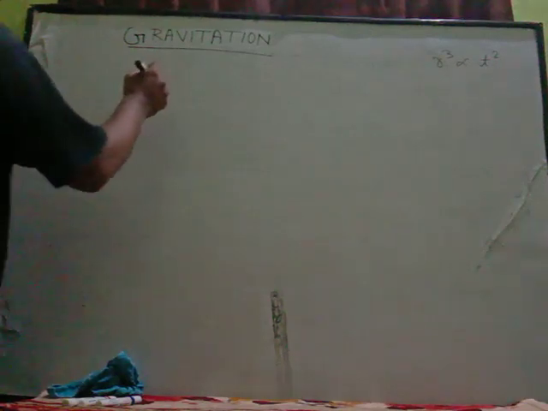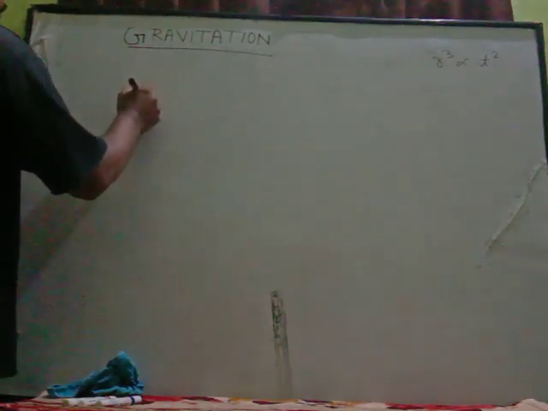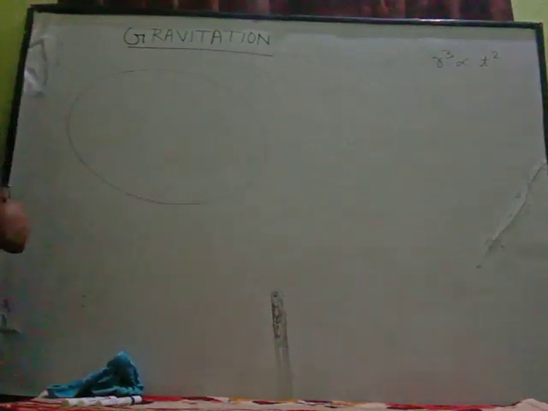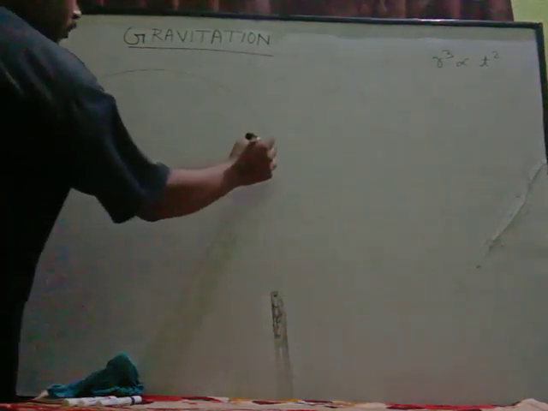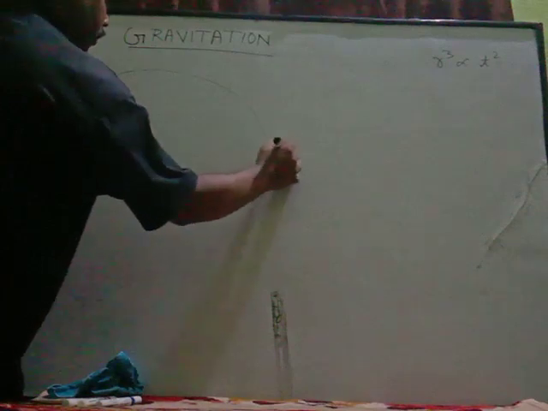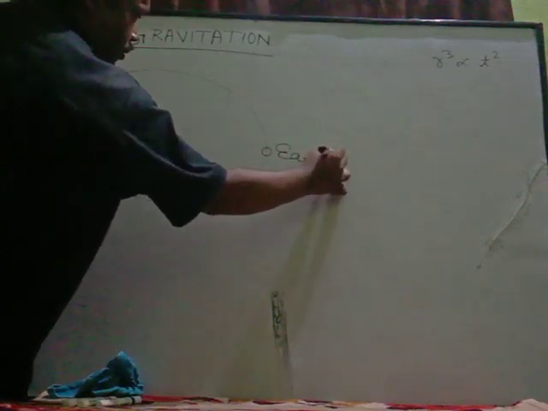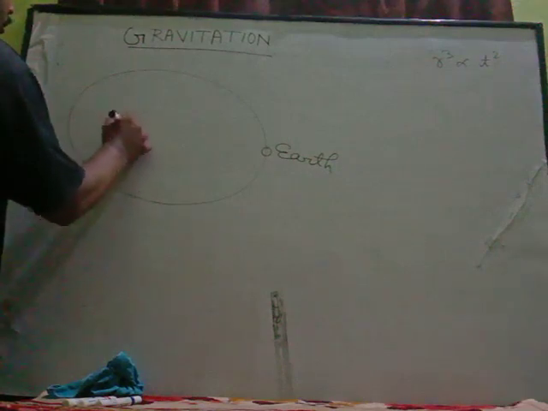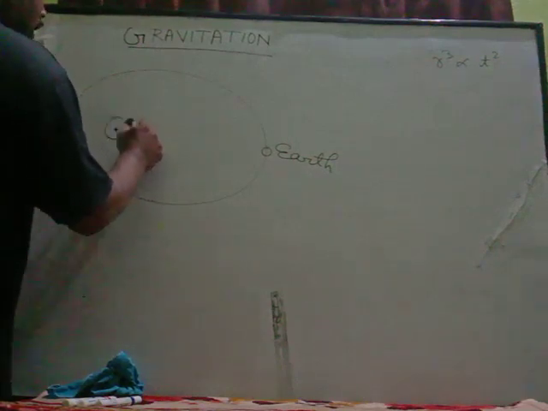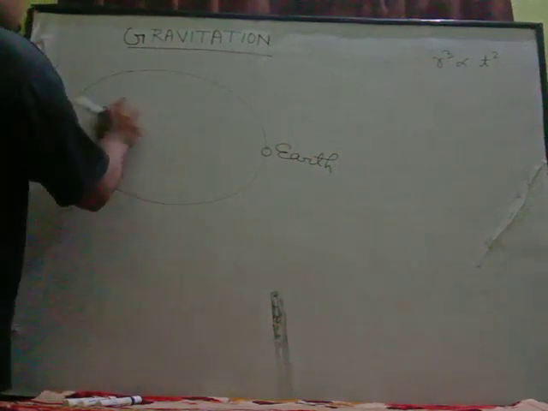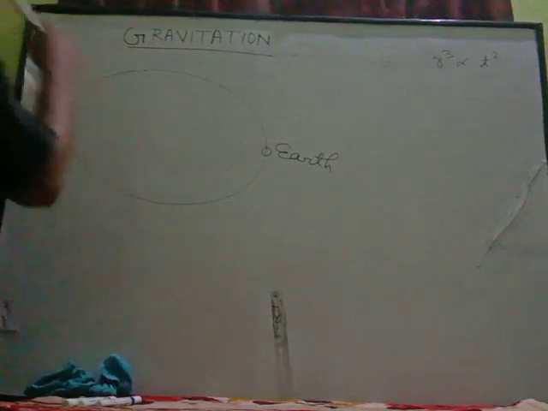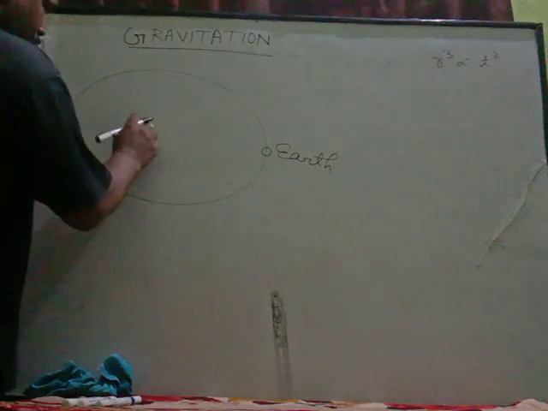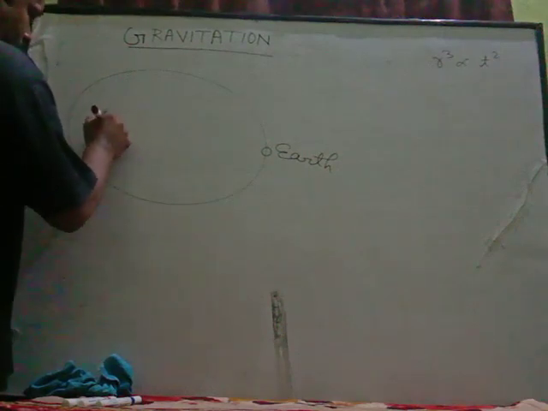See, all of you. Suppose this is the elliptical path on which the earth is moving. And the sun will be either at focus 1 or at focus 2.